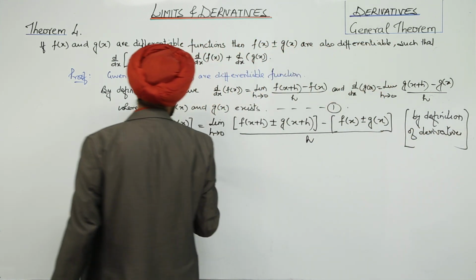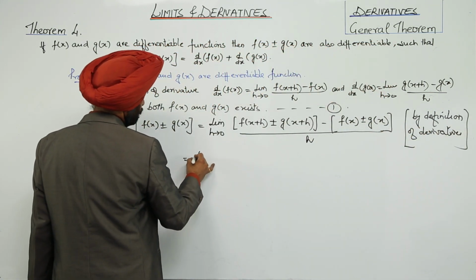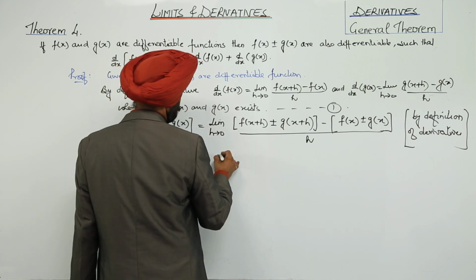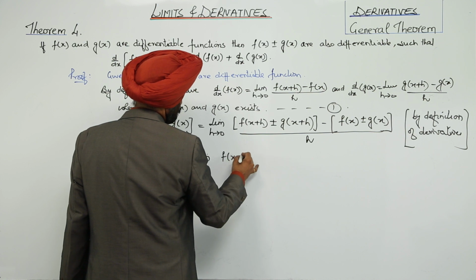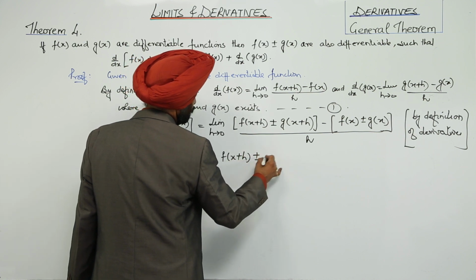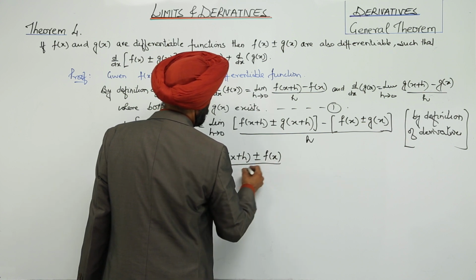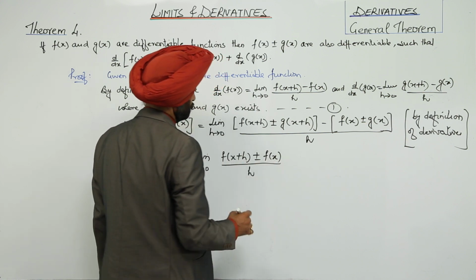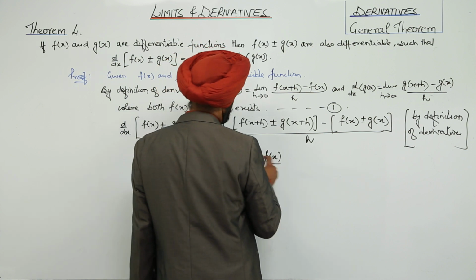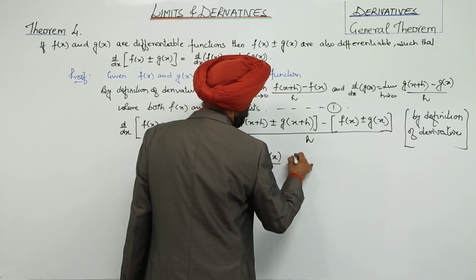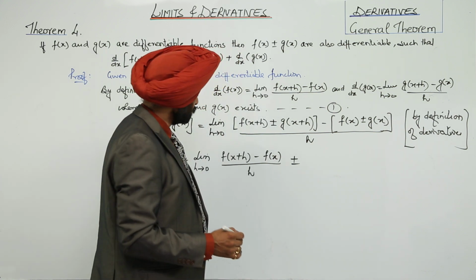Now let us split this one. We are having limit h approaches 0 of f(x plus h) minus f(x) upon h, sorry, here it will be only negative, and here it will be plus minus. Okay.